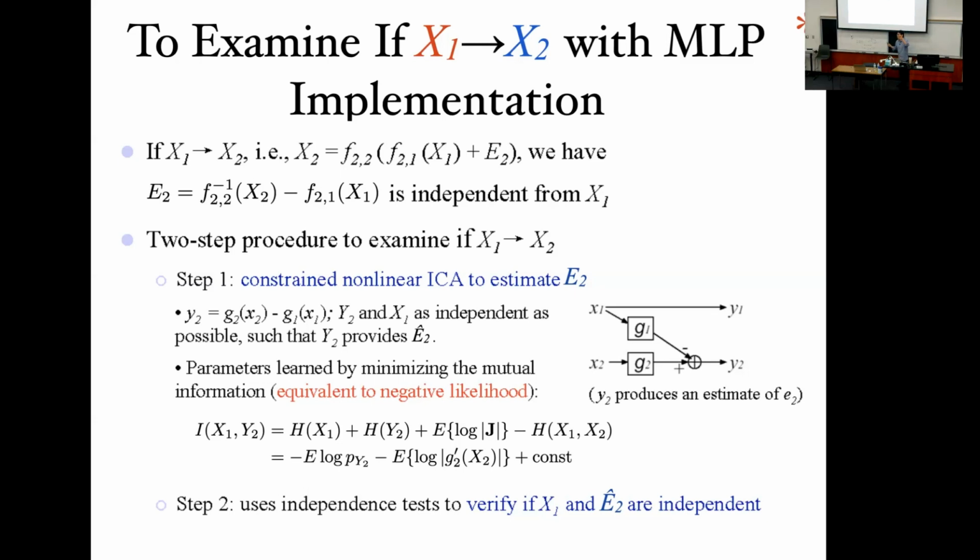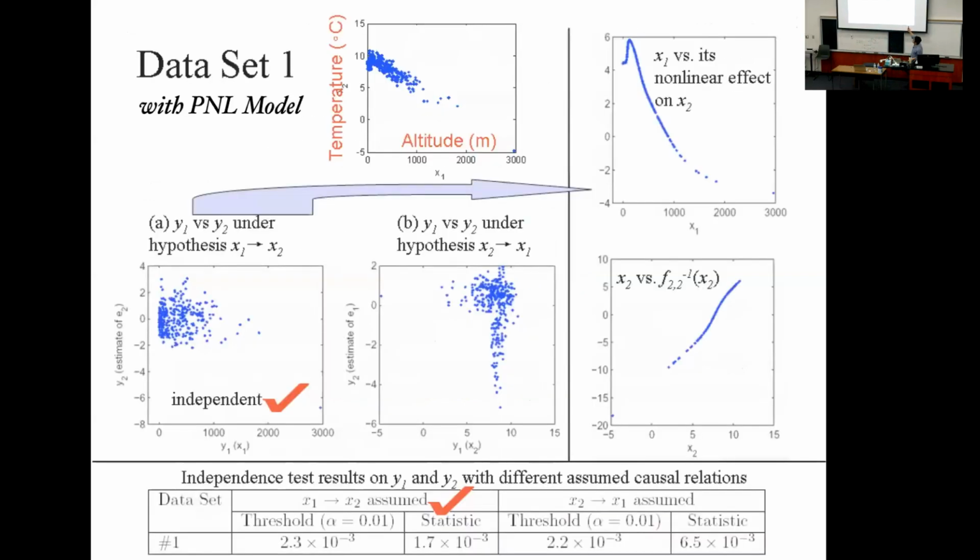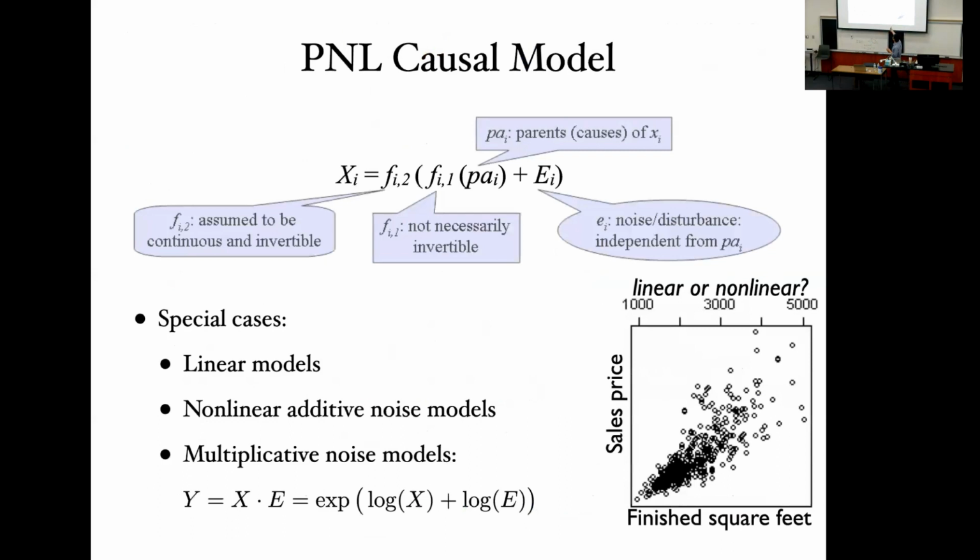If you consider the conditional likelihood, you can see it's basically the same thing. So here is the same thing. You want to minimize the mutual information. However, in many situations, you cannot achieve that. For instance, if you go to this data set and do nonlinear regression, you try to make the error as independent as possible from the input or predictor, but you cannot achieve it, right?